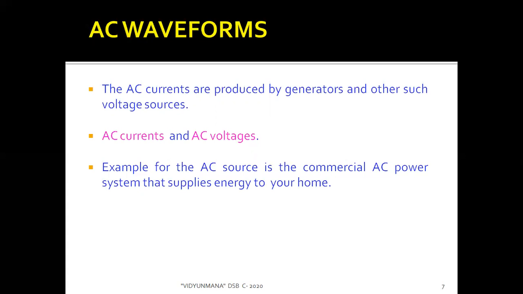Therefore, AC currents are produced by generators and other such voltage sources. There are two types: AC currents as well as AC voltages. Currents are generated by current generators and voltages are generated by voltage sources. An example of an AC source is the commercial AC power system that supplies energy to your home.